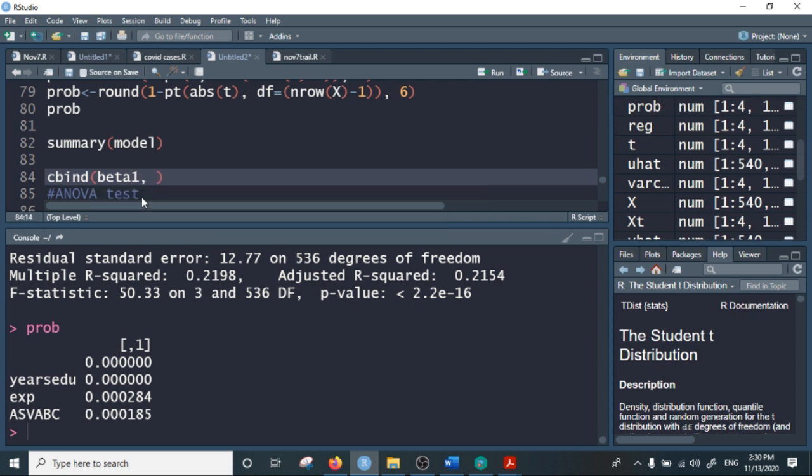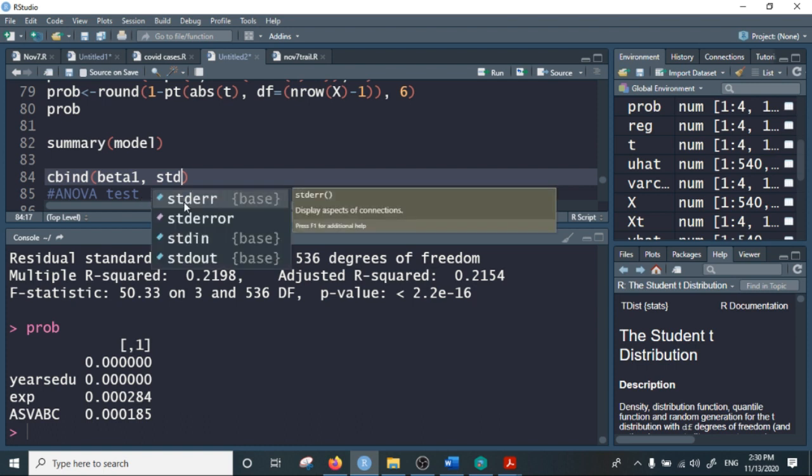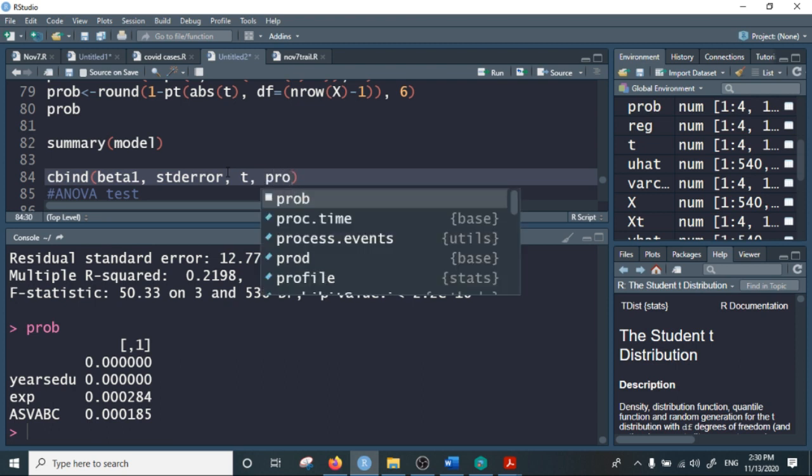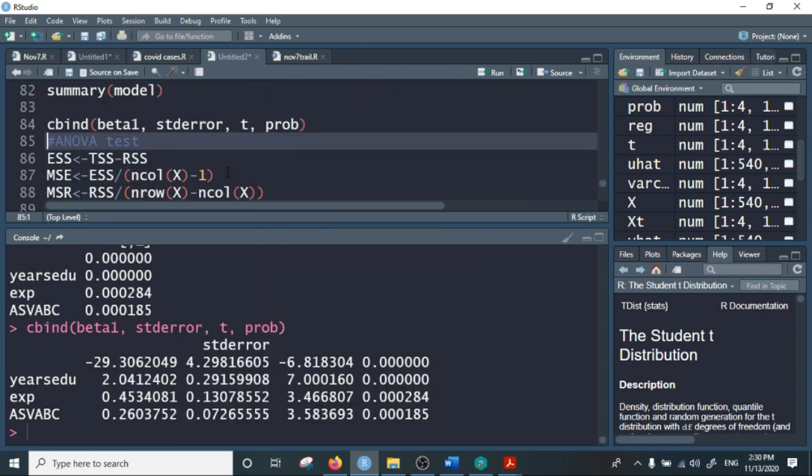Then standard error. So the name is standard error. And then we will save the t ratio, and the name of the object is t, and then probability. So if we run this, there will be 4 columns.